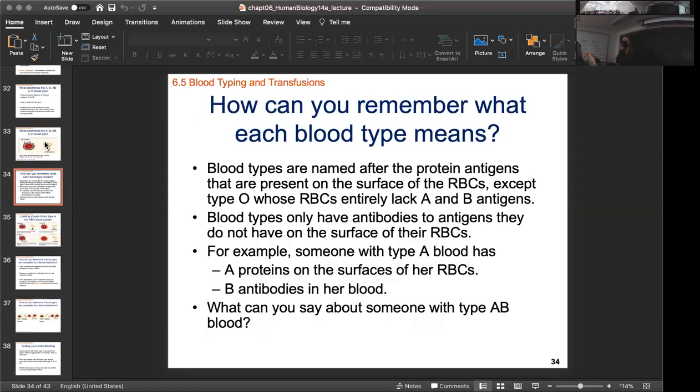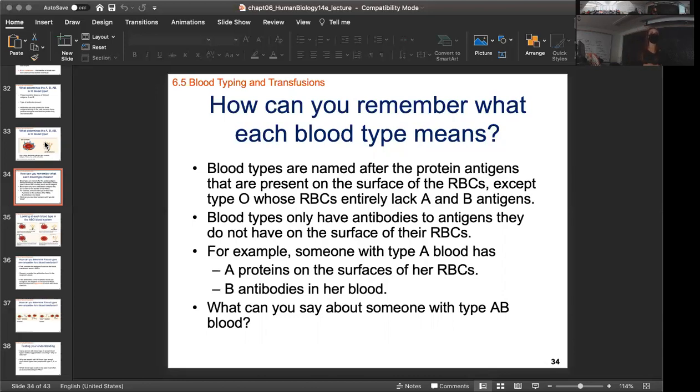So it says, how can you remember what each blood type means? The blood is named after the protein antigens that are present on the surface. So if you have A antigens, you have type A blood. If you have A and B antigens, you have type AB. The blood types only have antibodies to antigens that they do not have on the surface.